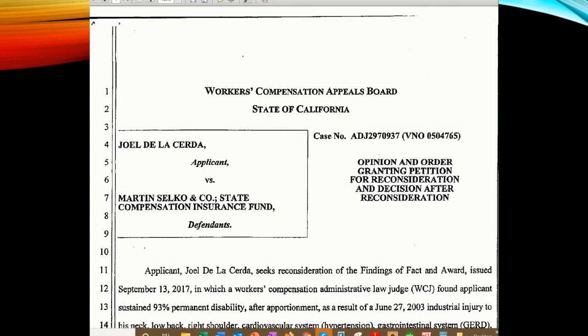And in the Kite case, the Qualified Medical Evaluator added the impairments due to each hip.